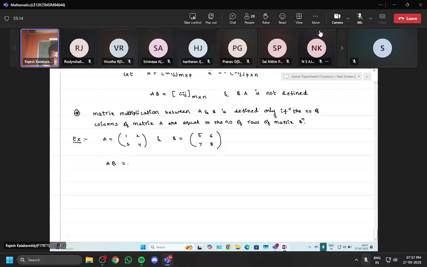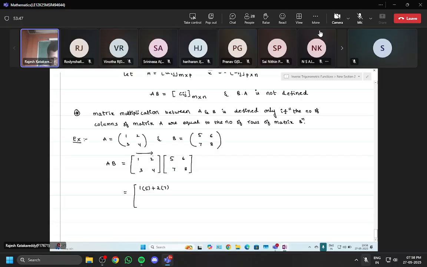AB will be equal to [1, 2; 3, 4] times [5, 6; 7, 8]. Multiplying row 1 with column 1, I'll get the first row, first column element: 1 into 5 plus 2 into 7.